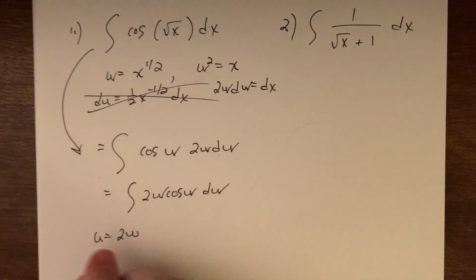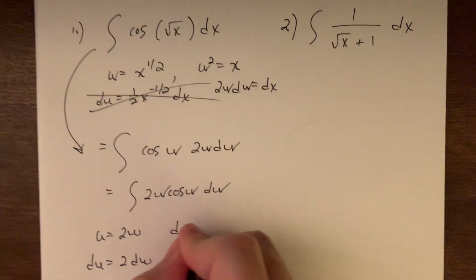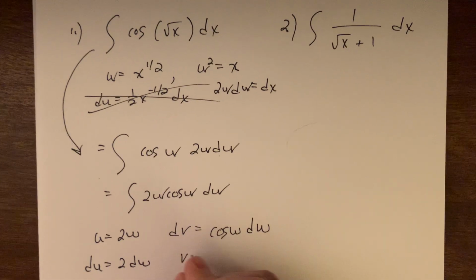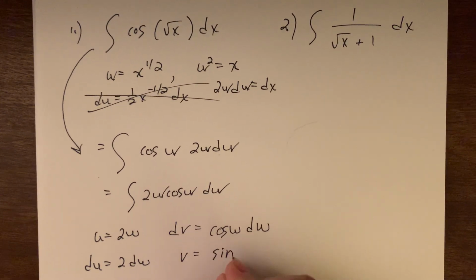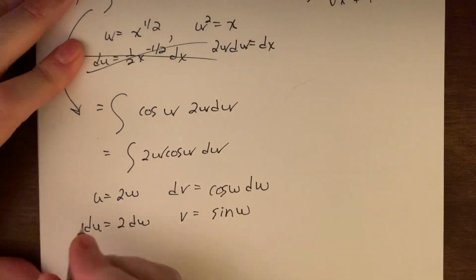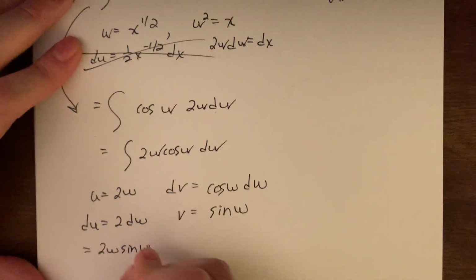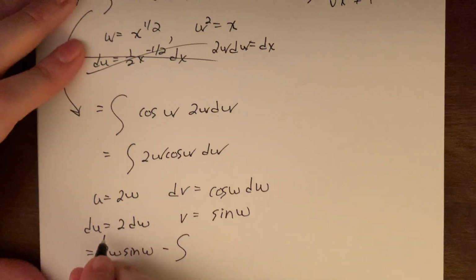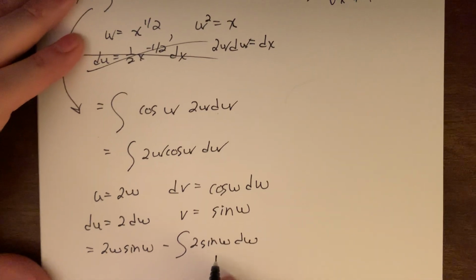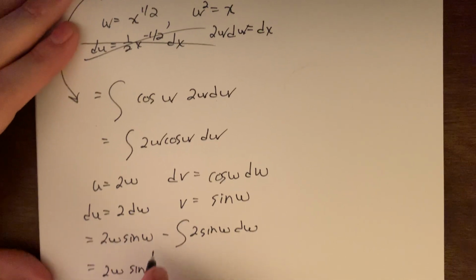u, the piece that gets easier with its derivative. dv, everything that's left behind but needs to be a piece that has a known antiderivative. I plug that all together: uv is 2w sine w, minus the integral of v du, which is 2 sine w dw. This part is done.